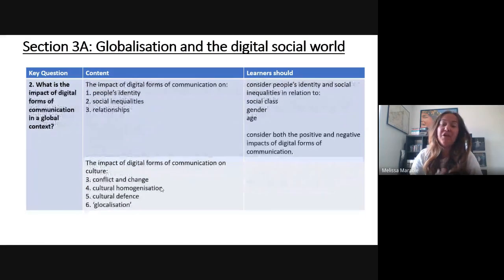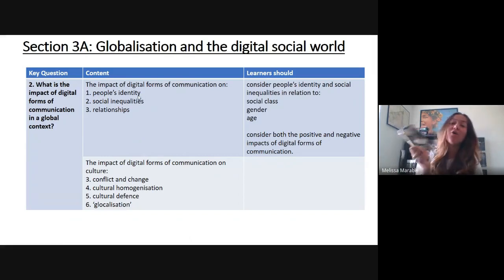Now, keeping with section A, the second key question is, what is the impact of digital forms of communication in a global context? So you're going to be looking at people's identity. So how does using your iPhone or whatever phone you've got impact your identity? How does it create inequalities, and how does it impact our relationships? Really, really interesting studies on here.